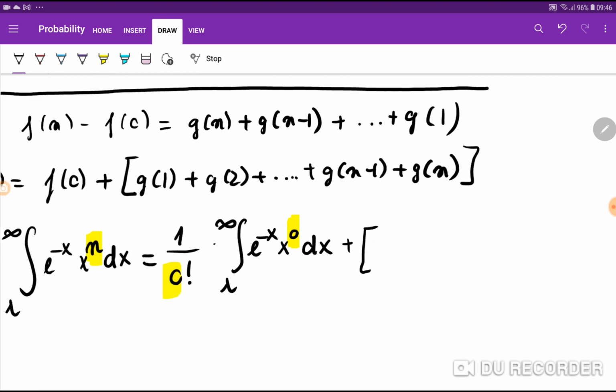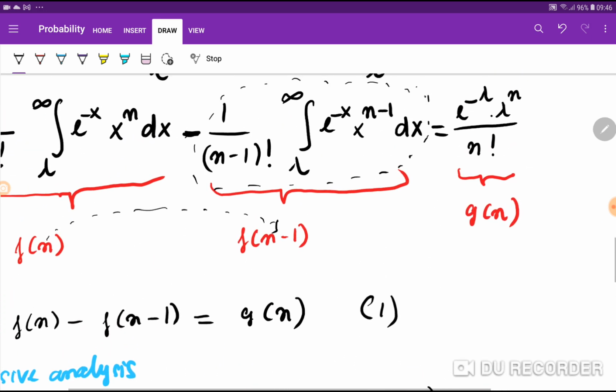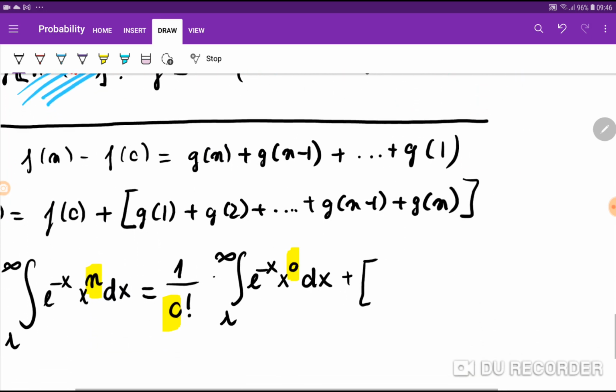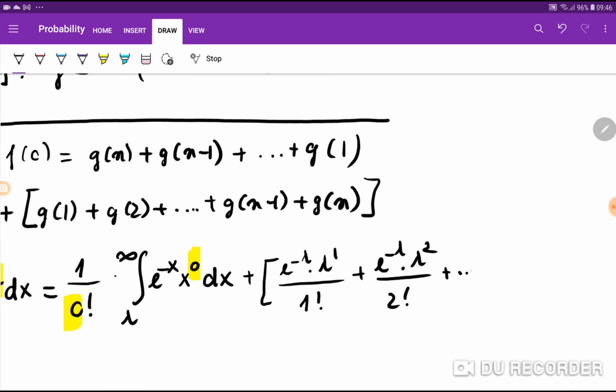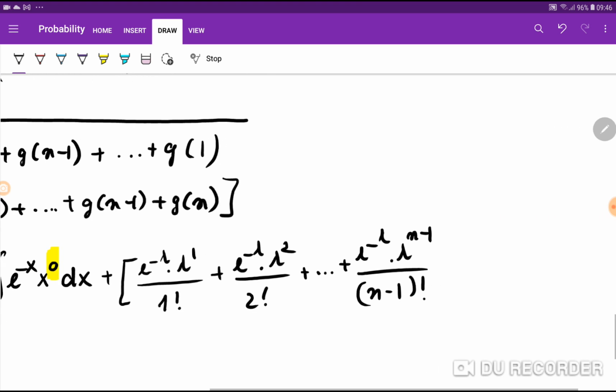What is g_n? g_n is e to the power negative lambda times lambda^n over n factorial. So it would be e to the power negative lambda times lambda^1 over 1 factorial, plus e to the power negative lambda times lambda^2 over 2 factorial, plus and so on the way to lambda^(n-1) over (n-1) factorial, and plus e to the power negative lambda times lambda^n over n factorial.